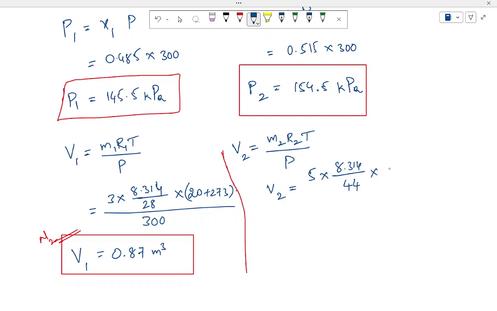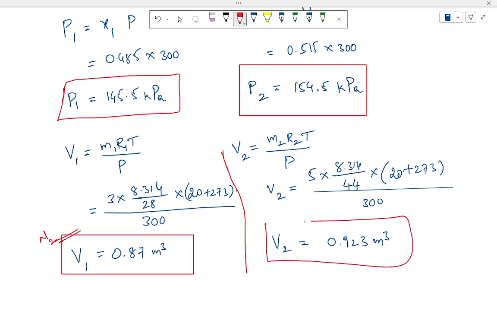The T value here is 20 again, plus 273, divided by the pressure, which is 300 kilopascals given in the question. So I can substitute that. That will give me a V2 value of 0.923 meter cube. So that will be my V2.